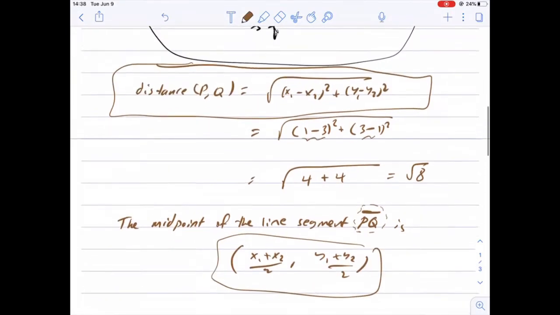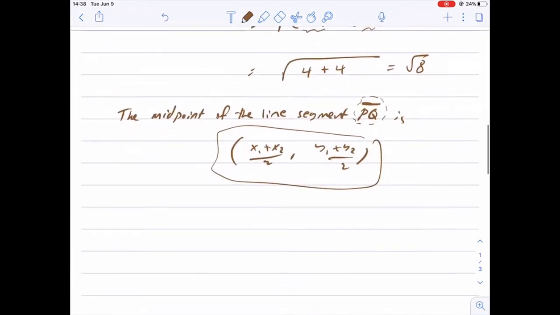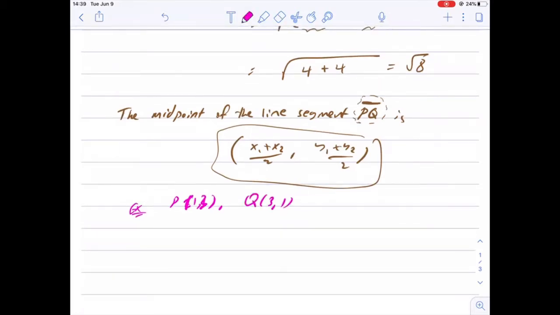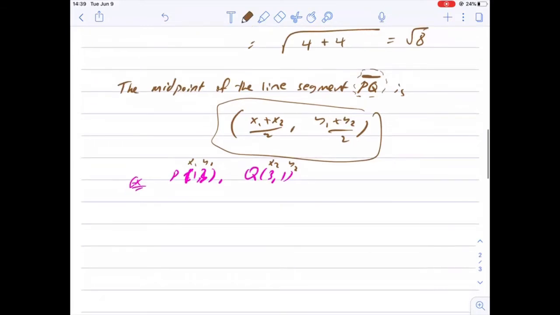So let's do this for our points. P is 1, 3 and Q is 3, 1. Now let's name these points. This is x1, y1, this is x2, y2, and then we find the midpoint.